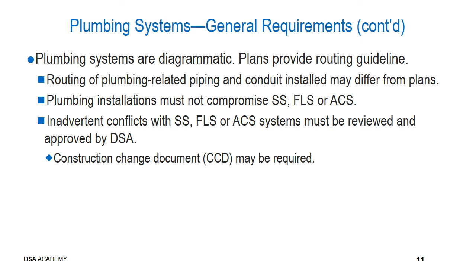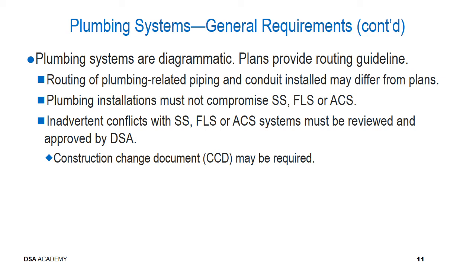The very nature of plumbing systems is diagrammatic in that they propose a routing for piping. It is certainly possible, and we've all seen this on projects, that the proposed routing for plumbing piping or associated conduits may differ from the plans themselves. The important thing to remember is that the plumbing installations must not compromise the structural safety, fire life safety, or access compliance components of a project.